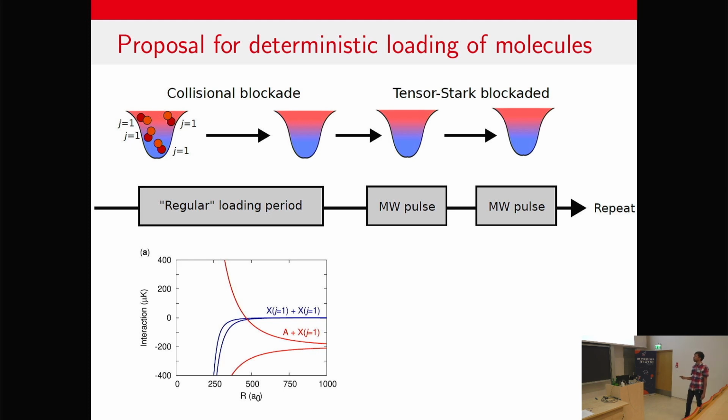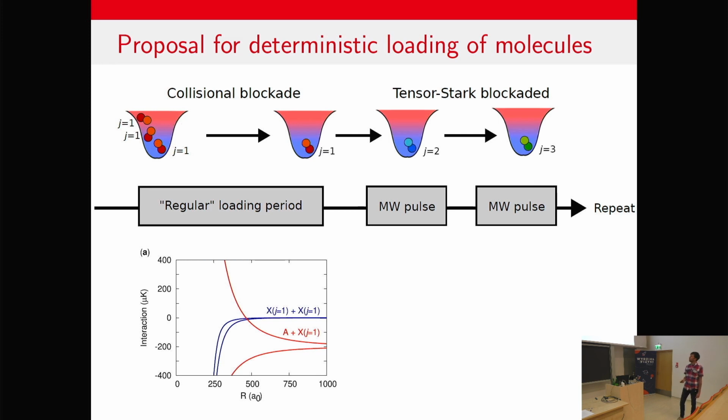And on top of this, there are these light-assisted collisions, which are sketched by the potential in red. The idea is that these microwave pulses, I didn't talk about it much, will be resonant for molecules only, including the shift of their energy levels due to the tweezer. So we're not actually affecting the gas that we're trying to load from, and we can just repeat this process.